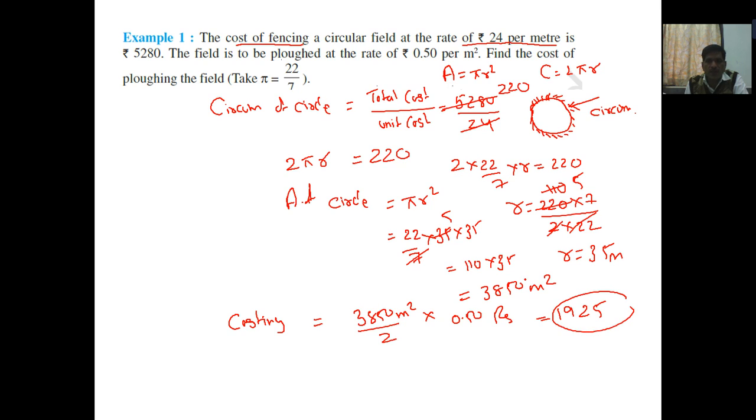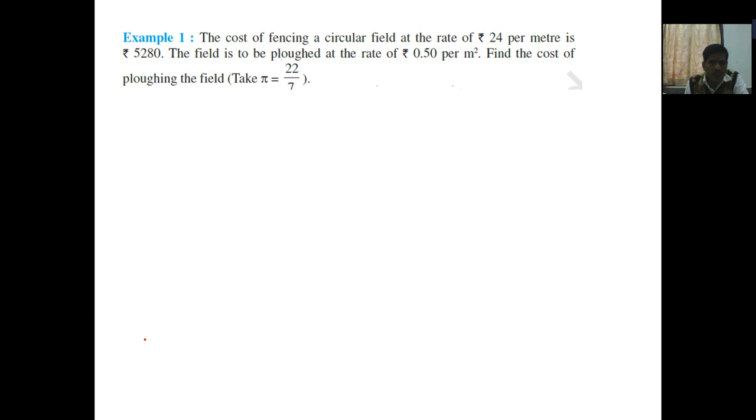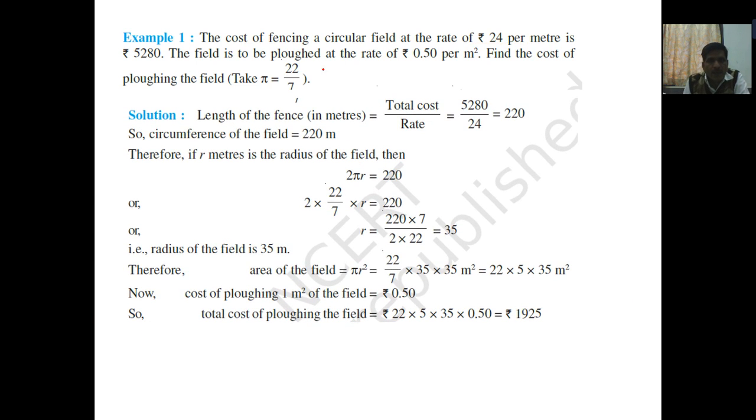So 3 things we have to find out. Let me see how it is described properly. The length of the fence in meter is total cost divided by unit cost, that is 220. Circumference is 220. Now we have to find out the radius. So radius r is equal to 35. Now with radius 35, we can find out the area.